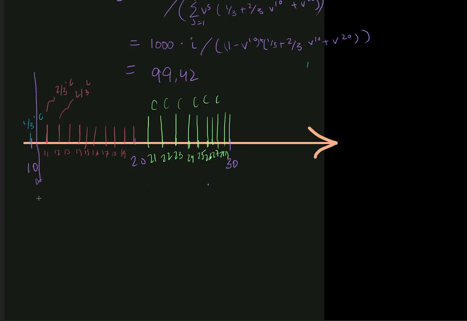So if we set time 10 as our new null point, then we stand at time 10 and we discount everything back to this time.